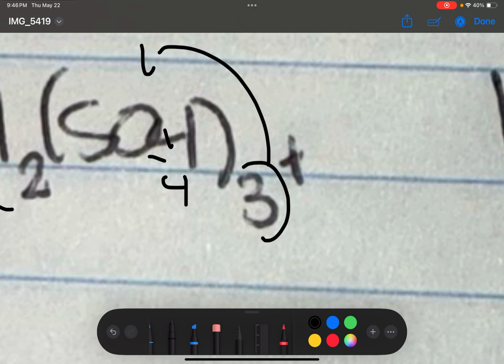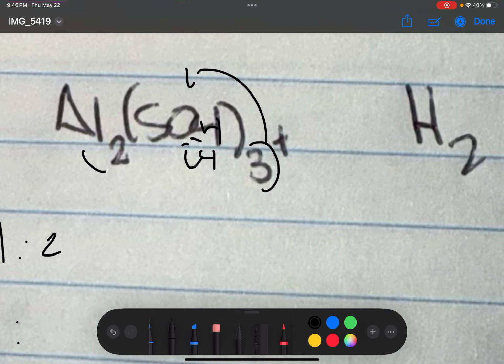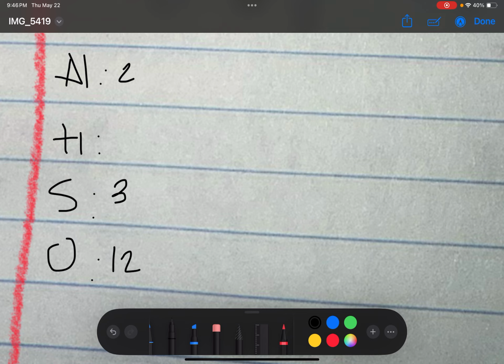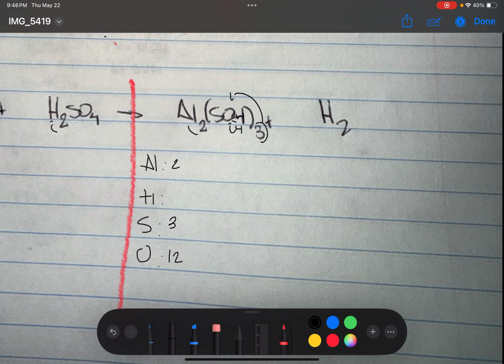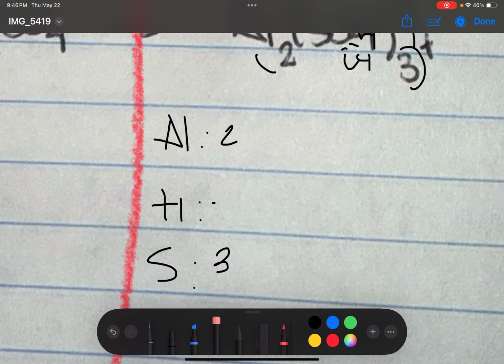Pretend this is a little 4. 3 times 4 is 12. That means we have 12 O's because the 4 affects the number right next to it. 12. And then we have 2 H's. Oh, why did I write H instead of 2?